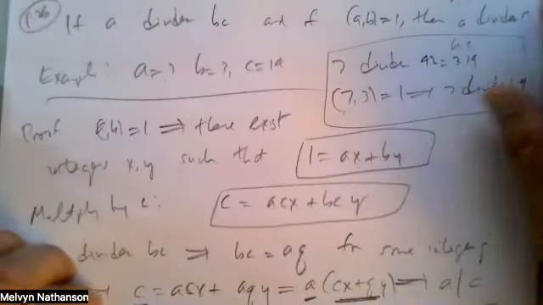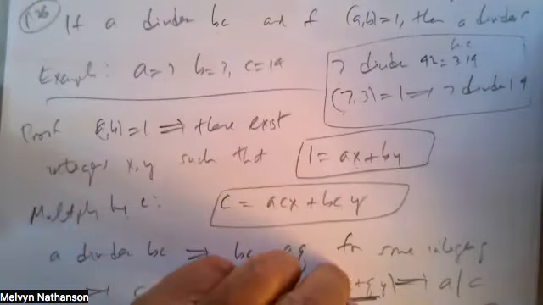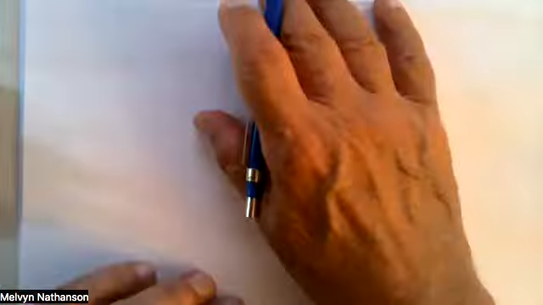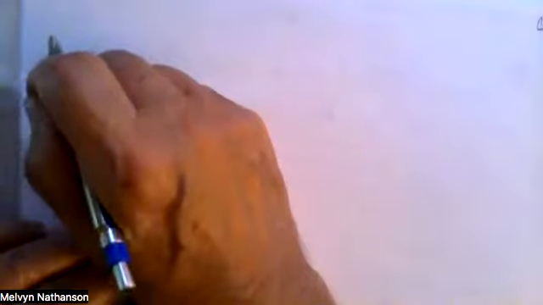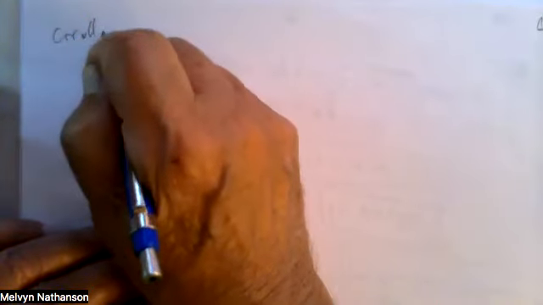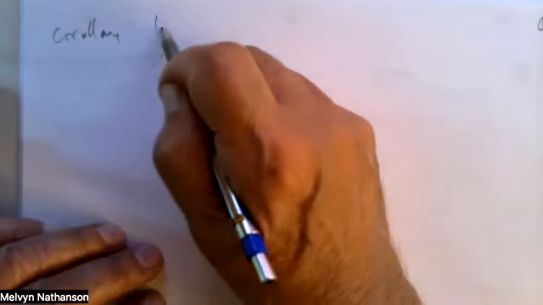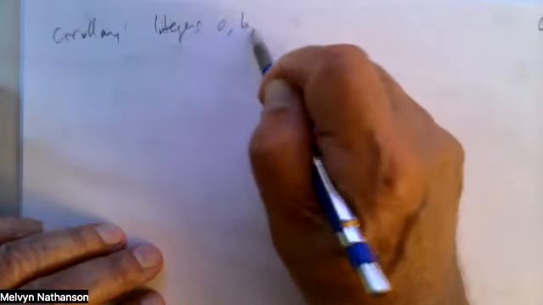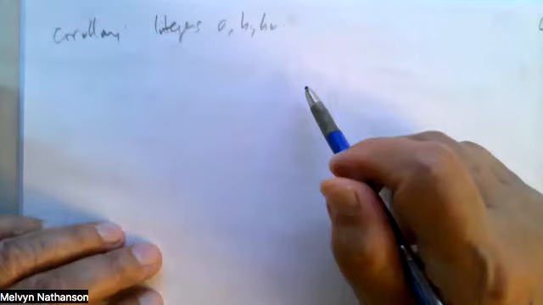And we can draw some conclusions from this right away. So this is a kind of a corollary. We have integers A, B1, and B2.